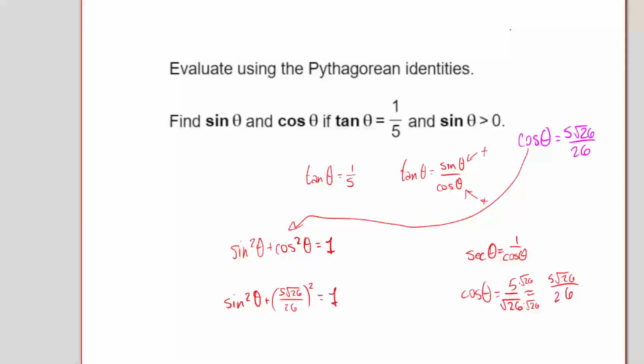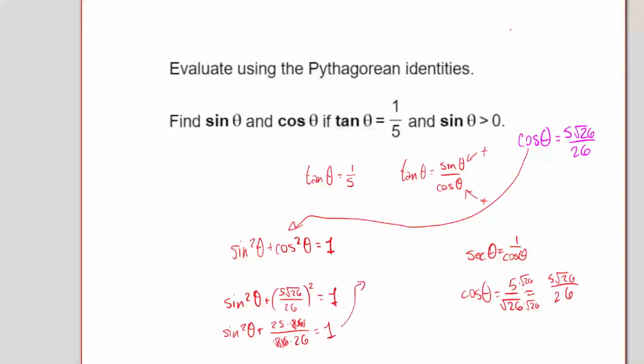Now we can square this out. We get sine squared theta plus, if you square this out, you'll get the top squared, which will be 25 times 26 over 26 times 26. I'll write it as 26 times 26 because that's the same thing as 26 squared. So we can just cancel out one of these 26's. And that'll be equal to 1.